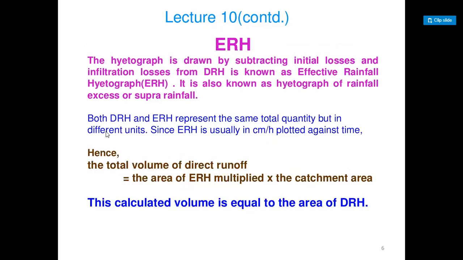Both DRH and ERH represent the same total quantity but in different units. Since the effective rainfall hydrograph is usually in centimeters per hour plotted against time, the total volume of direct runoff is equal to the area of ERH multiplied by the catchment area. This calculated volume is equal to the area of DRH.